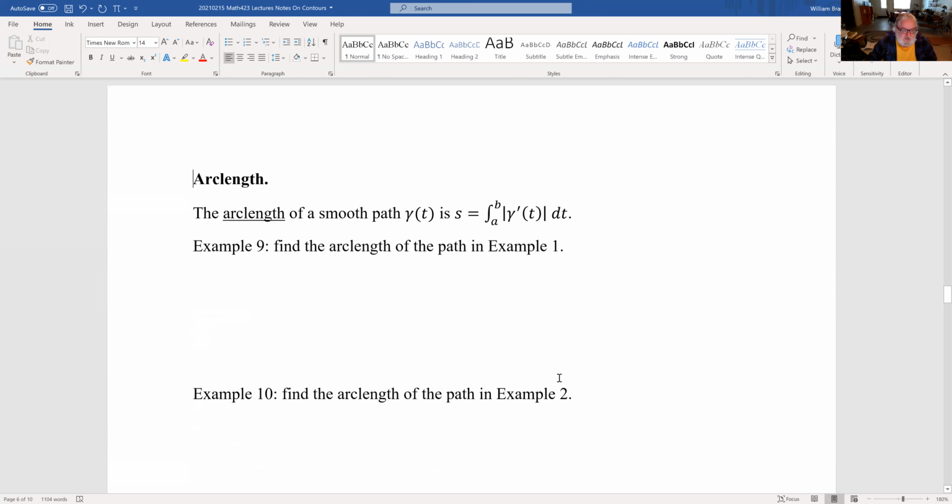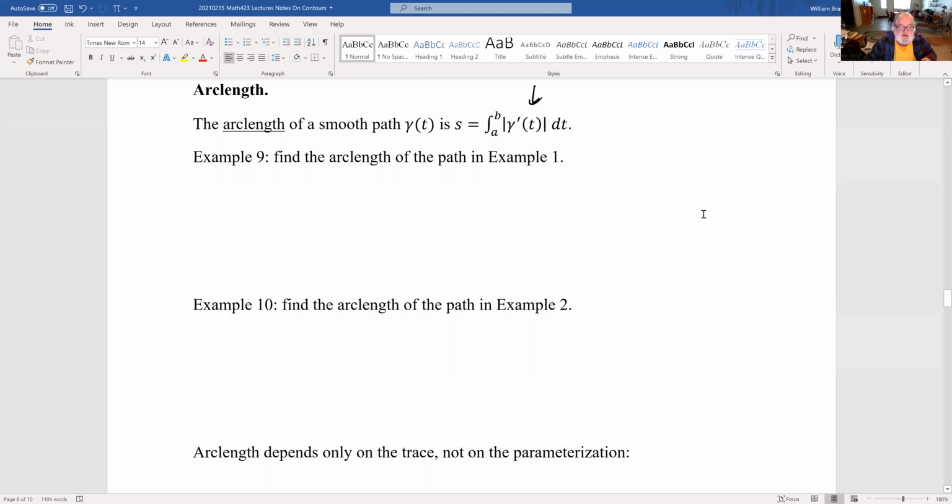So what's the arc length of a path? Integrate the modulus of the derivative, right? And so in example 1, what's the arc length of the path?